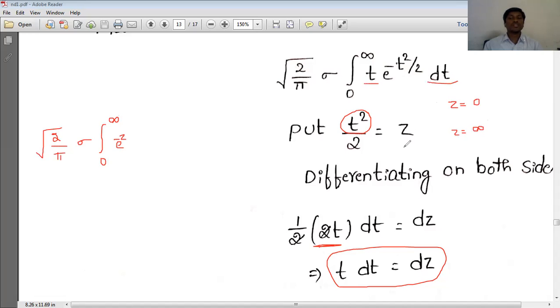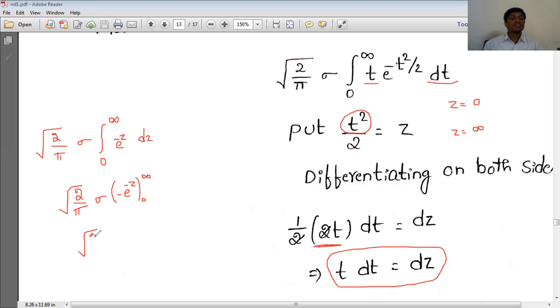If you observe this one, t dt is nothing but dz. So this is equal to square root of 2 by pi into sigma, and apply integration for this. The integration of e power minus z is minus e power minus z between the limits 0 to infinity.